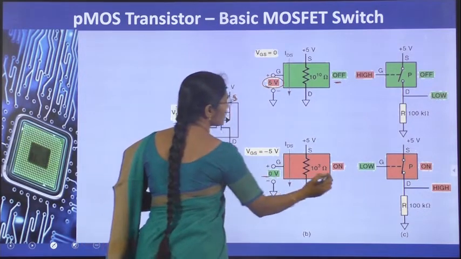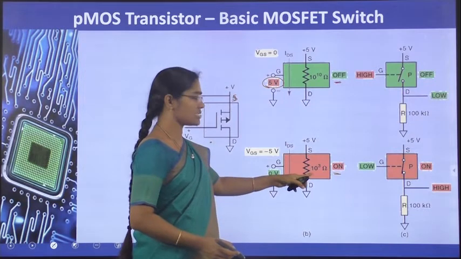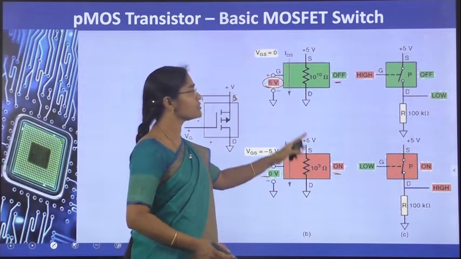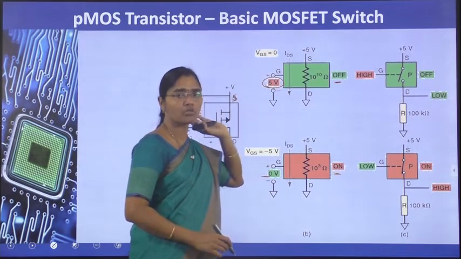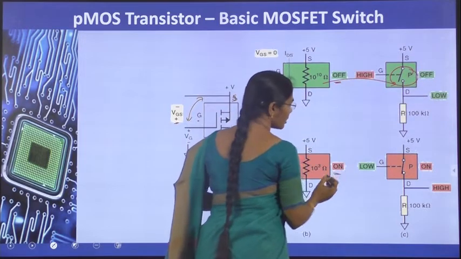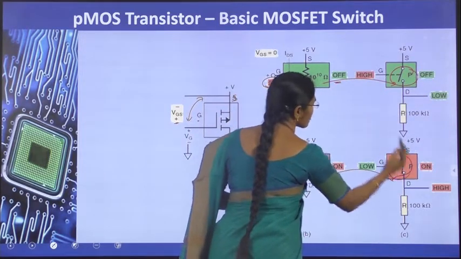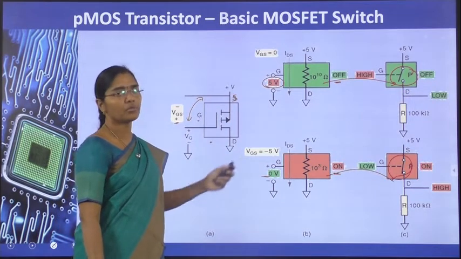For logic low, the transistor is in the on condition. On means low resistance, represented as 10 power 3 ohms, and off is high resistance, for example 10 power 10 ohms. So off is represented as an open circuit and on is represented as a closed circuit. So this is the PMOS switch.